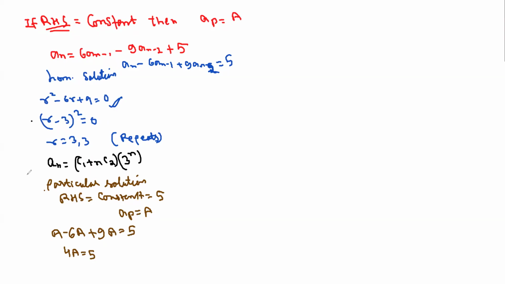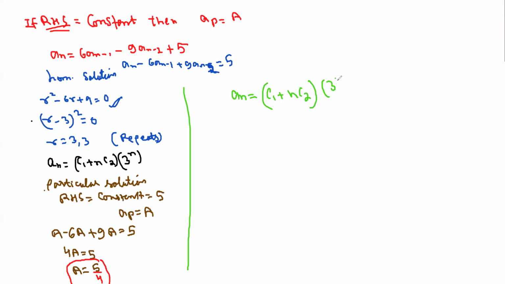Whatever the value of A and R, a n minus 1. No, no, A is not 5. Right hand side is 5. Then put AP is equal to A. Understood? A is 5 by 4 you are getting. Understood? Yes. Now final solution will be what? Homogeneous solution plus particular solution.